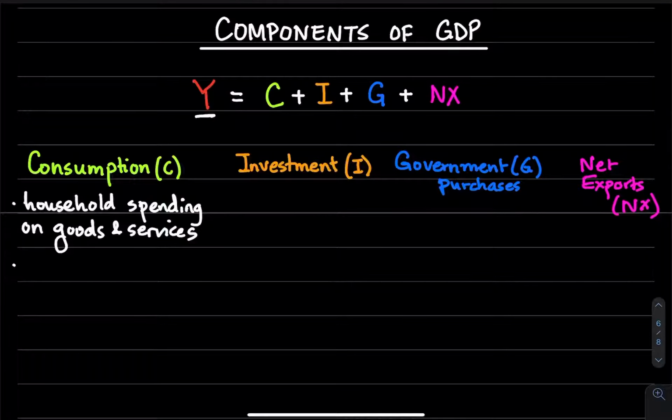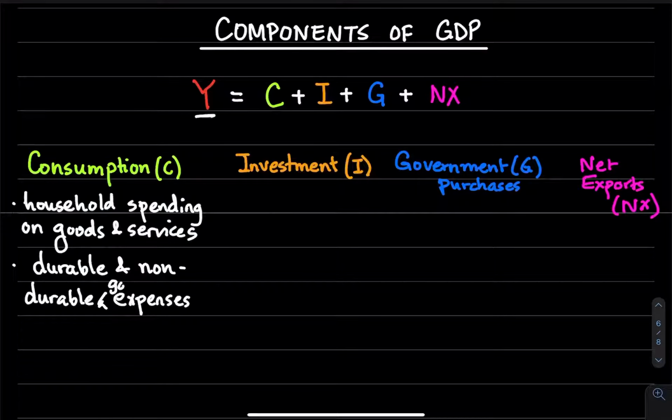So this is going to include durable and non-durable goods expenses, and also services. Okay, and it is not going to include purchases of new housing.